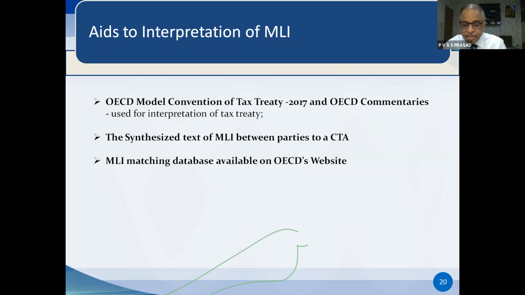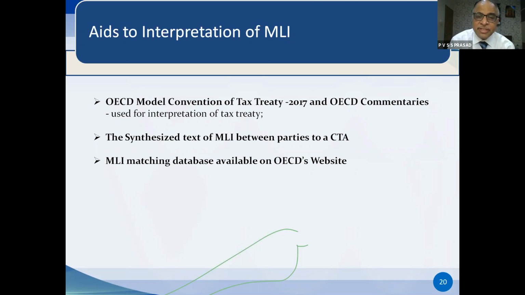They will give the text of the DTA or the tax treaty, giving the whole clause, and also say which article got modified and what the modification is. Everything you can see in the entire text. That is like a ready reckoner. You will understand how the India-UK tax treaty has undergone the change. Same way, we have a list of synthesized texts available as on date with us.